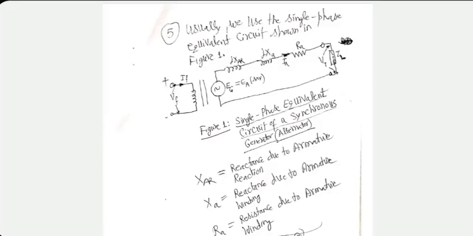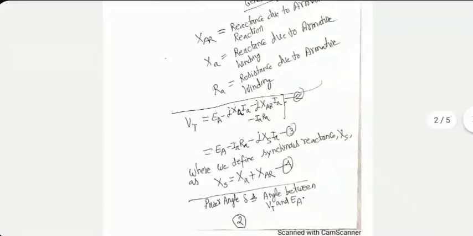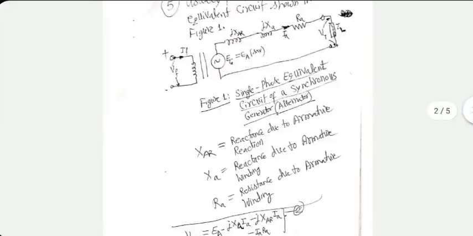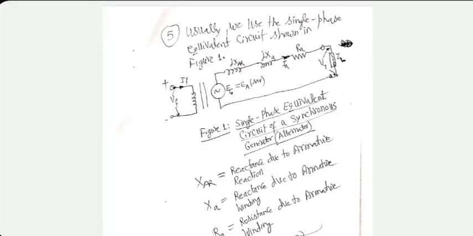Resistance of the armature winding will be given to you. Normally, these values are high enough because we are dealing with very large construction in the armature. Now, once you agree to using this equivalent circuit, you have to use simple AC circuit theory to figure out the performance.